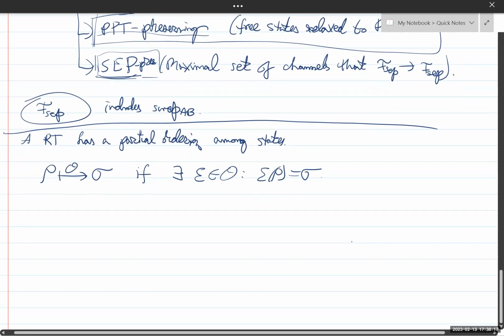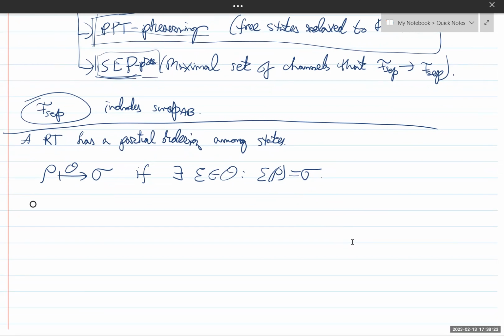And then the ultimate answer to most resource theoretic questions would be to come up with a simple, easily computable condition for when rho can be converted to sigma.